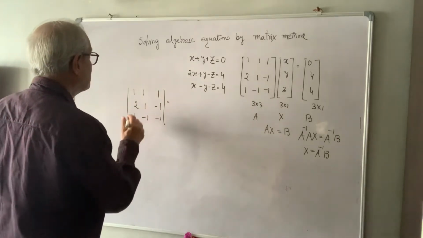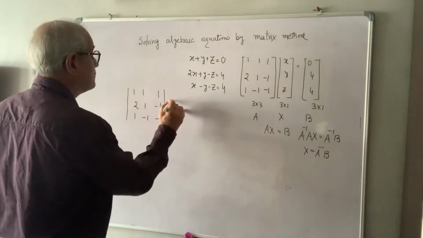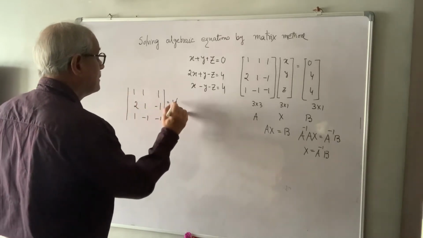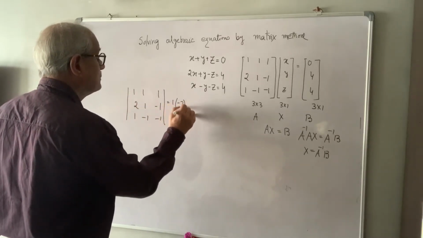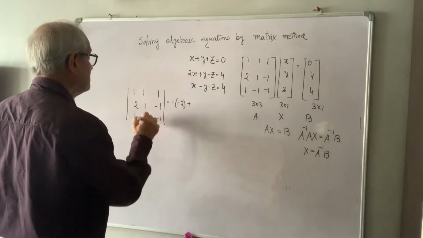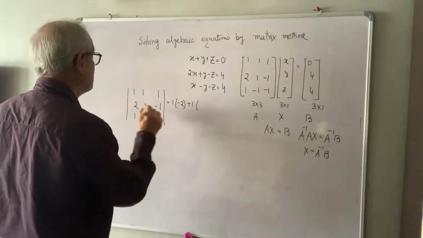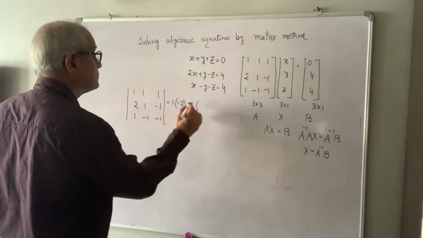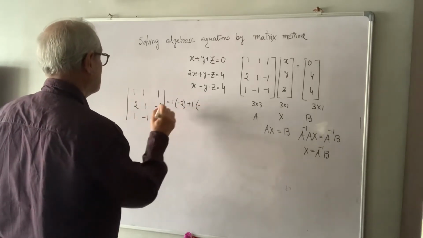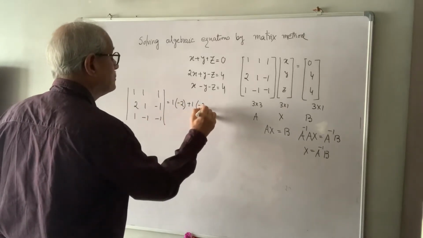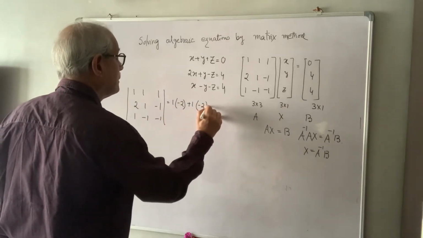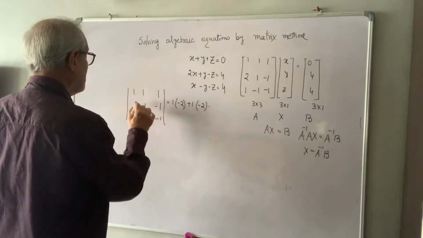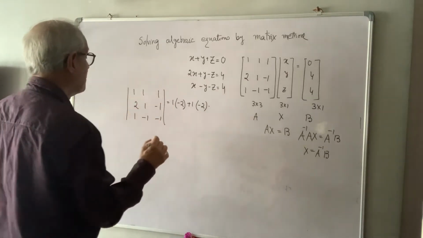And the value of the determinant is this element 1, this is minus 1, minus 1, that is minus 2, plus this element 1 into minus 1, minus 1, that is minus 2, then this 1, minus 1, minus 1.